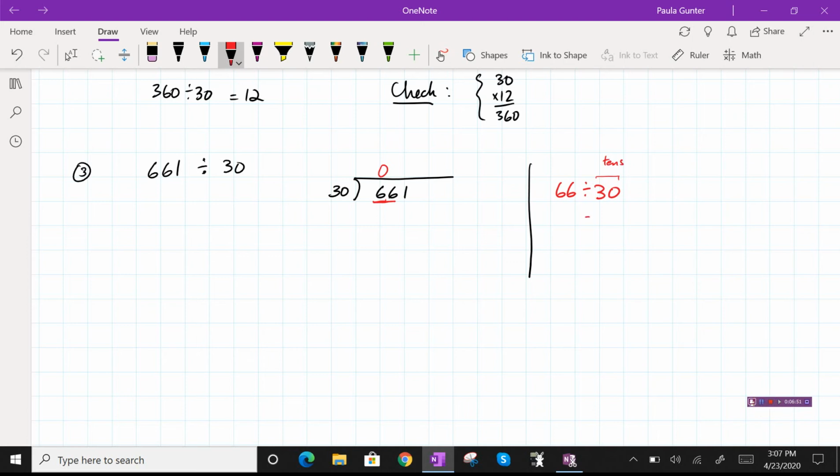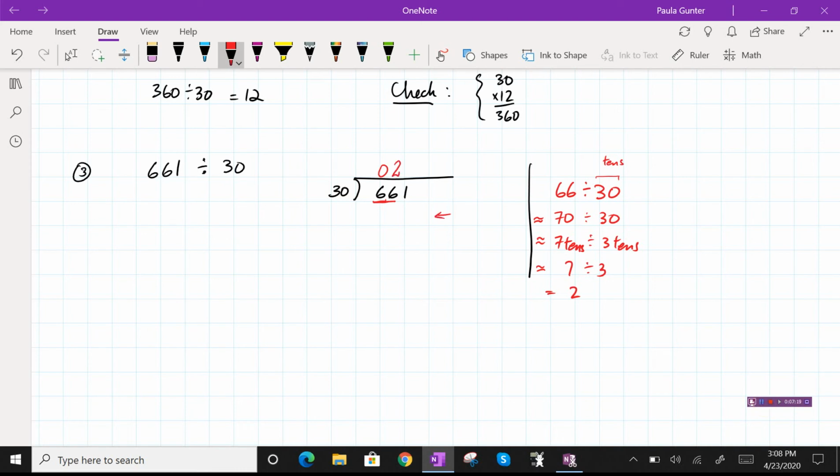So the divisor was 30 or 3 tens. Rounding 66 to the nearest tens, that would be approximately 70. So that's 7 tens divided by 3. 7 divided by 3 is 2, without going over. Again, we don't care about the remainder right now, so I'll put 2.